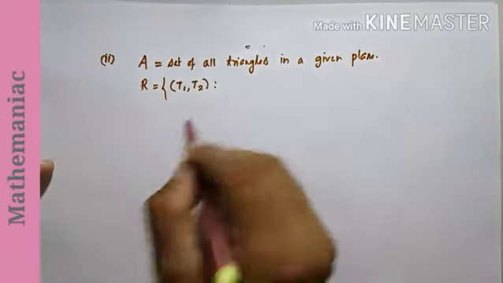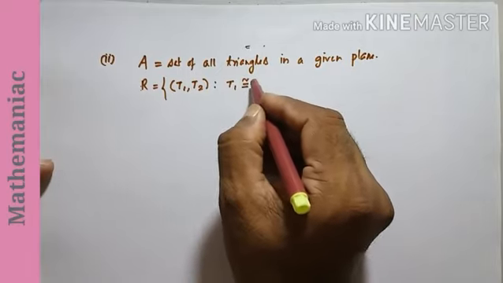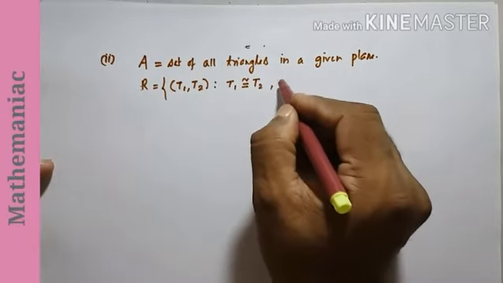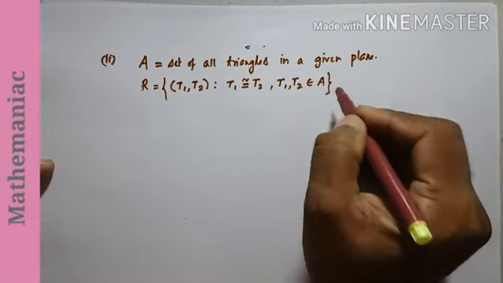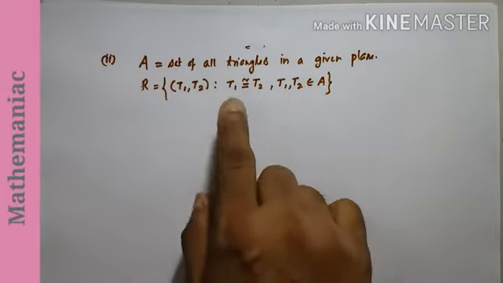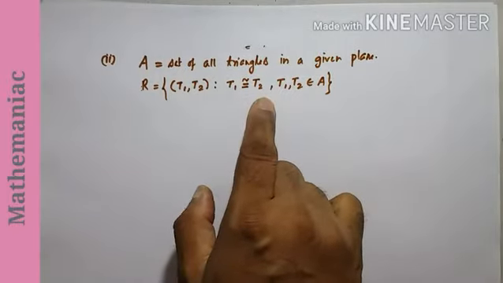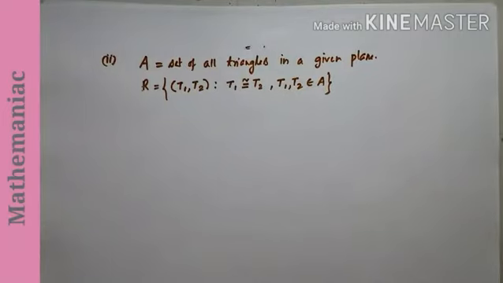We will say that they are related if triangle 1 is congruent to triangle 2. And from where will we take the triangles? The set A. So whenever we get two triangles which are congruent to each other, then we say that T1 and T2 are related.